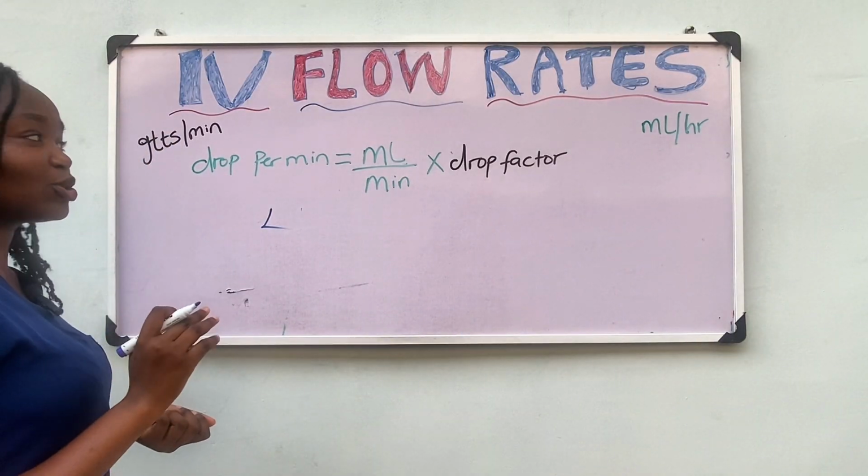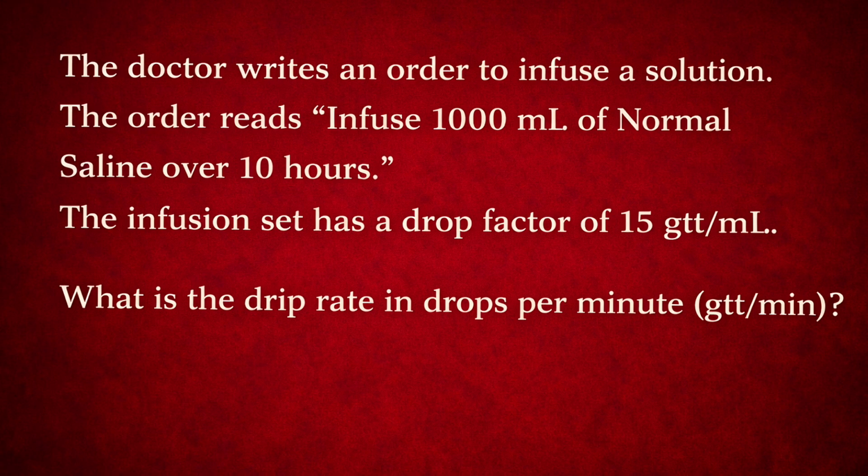So let's take our first question on this topic. The doctor writes an order to infuse a solution. The order reads: infuse 1000 milliliters of normal saline over 10 hours. The infusion set has a drop factor of 15 GTT per mL. The question says, what is the drip rate in drops per minute?